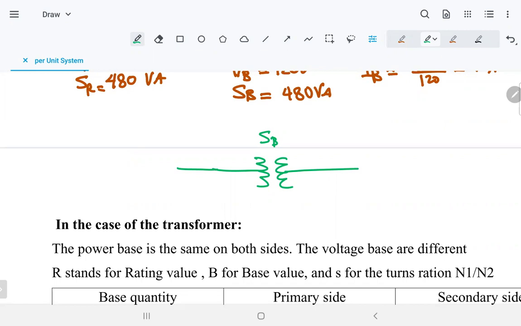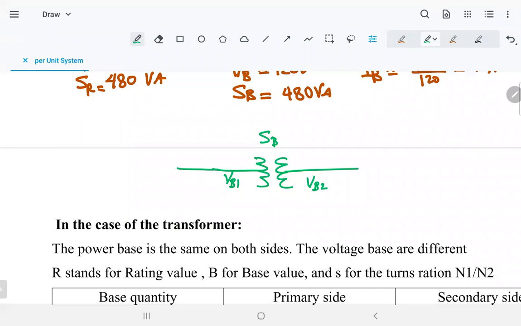But since you have a turns ratio, you will have a voltage base for the primary side, and a different value for the voltage base on the secondary side, because of the turns ratio, right?